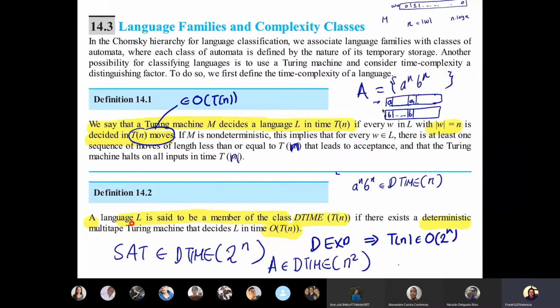A language L is said to be a member of the class DTIME T of n. So this language is a member of this, that means that this guy is a set. This is the set of all languages that can be decided in T of n.